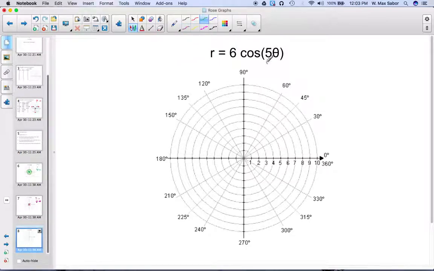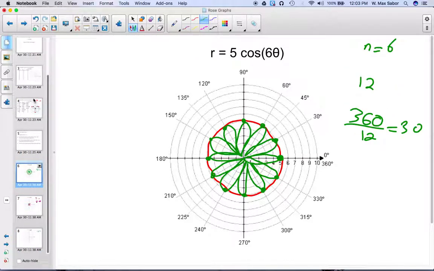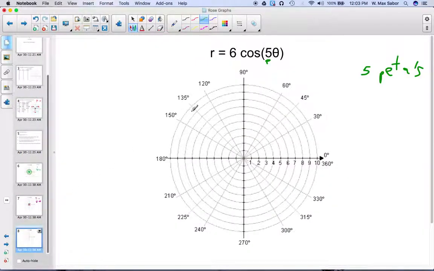Lastly, here, because 5 is odd, we're going to have 5 petals. Here we had 4, here we had 12, here we had 3. The 6 tells me that the radius of the circle is 6. I'm going to start by placing a point at 0 because it's cosine.